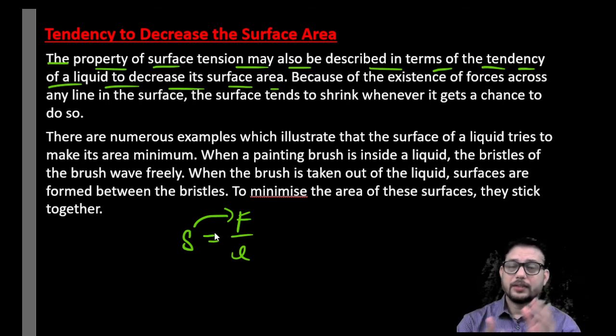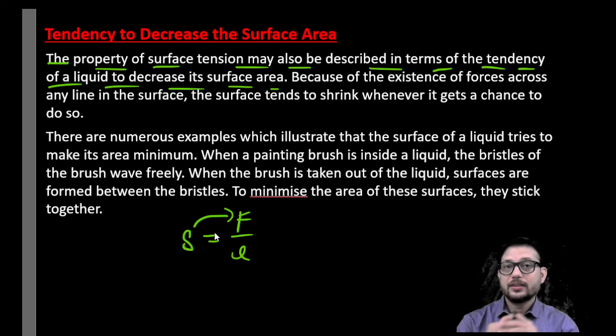But here I want to explain that the surface tension not only explains about the force, but it also explains a tendency of decreasing the surface area, as I have demonstrated to you when we place the thread, then it tries to shrink.